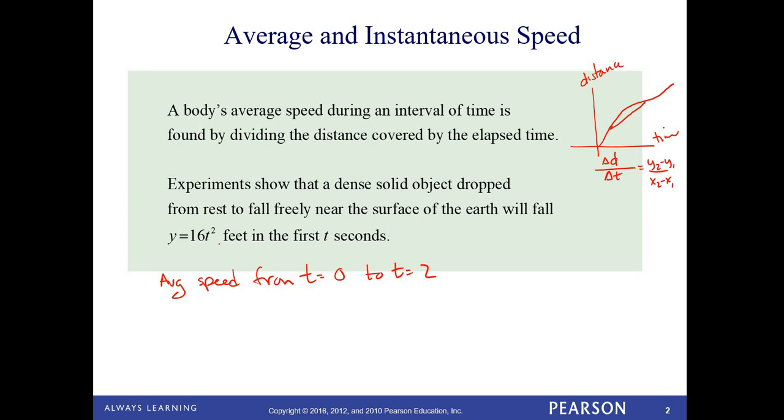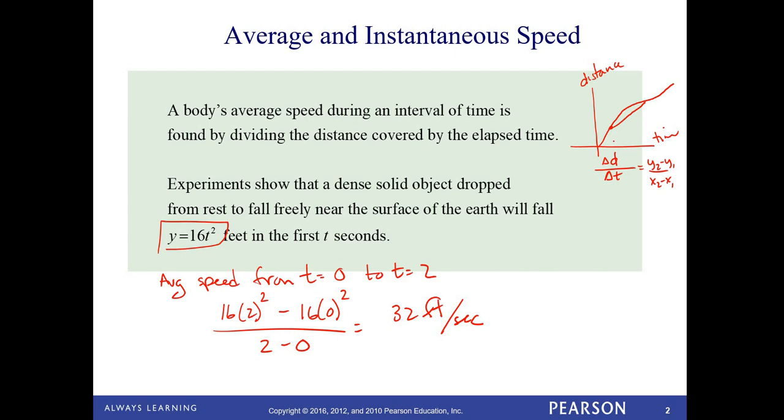using my equation for falling, I'm going to take that the average speed is 16 times 2 squared, that's my y sub 2, minus my y sub 1 over x minus x. And if I figure this out, I get 32 feet per second.